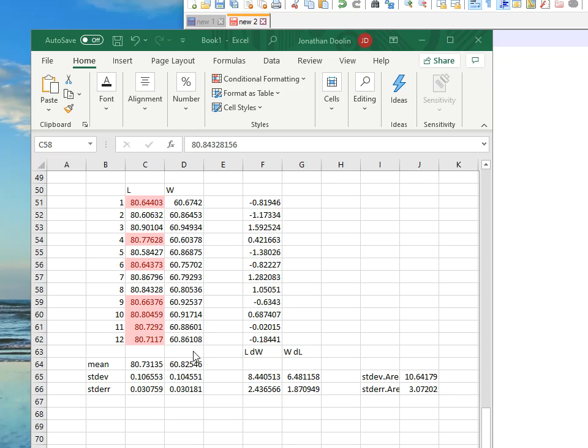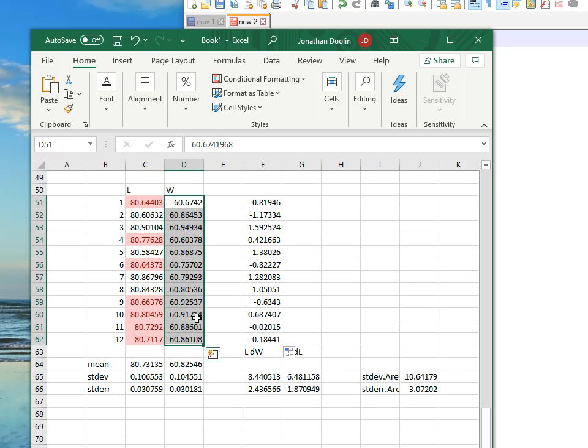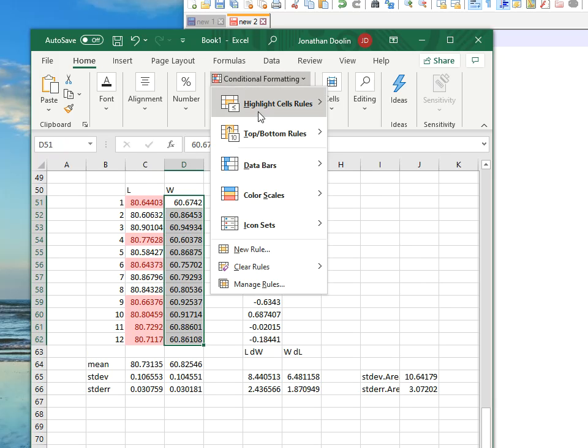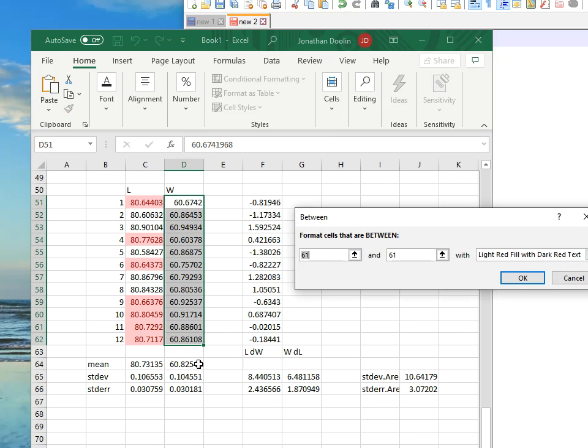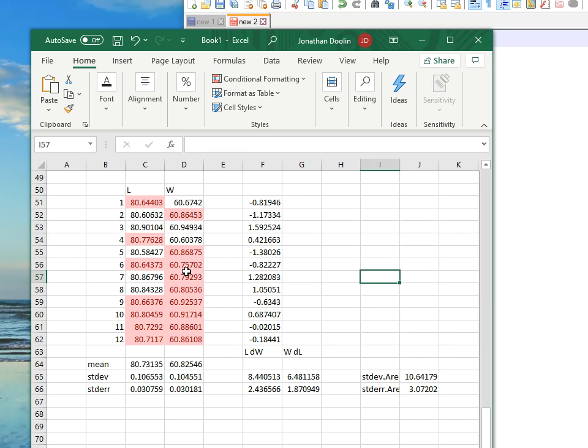The rest of this video is going to be redundant. I'm just going to do that again with these other data points. So once again, select that, conditional format, highlight cell rule, between, and we will use the mean minus the standard deviation, and the mean plus the standard deviation. And once again, those are our numbers.